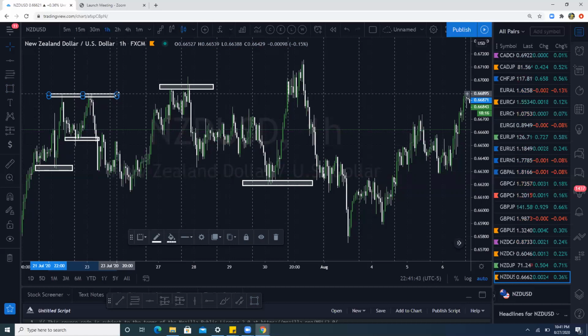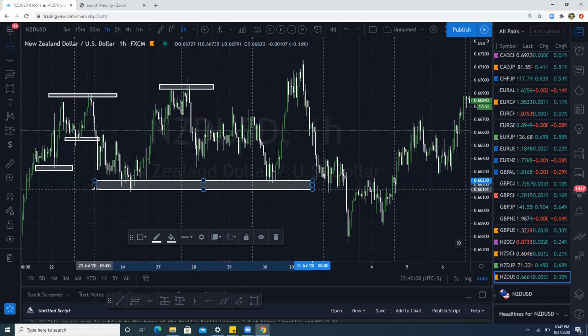So what actually turns it into a level? A level is basically an area of price that's going to be consistent throughout the price chart. So it's not going to be just one area, it's going to be the entire chart. If something's a good level, it's going to be prominent and show itself throughout the entire chart. So a good level is going to have multiple respects. If I stretch this out, it's the same area.